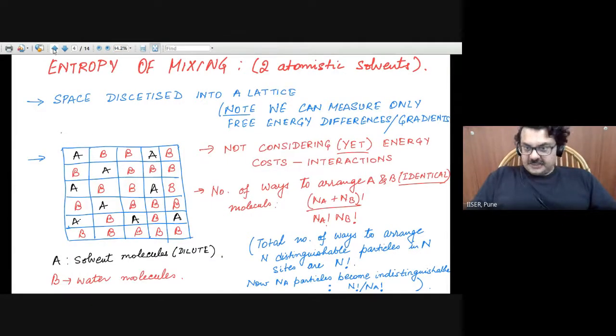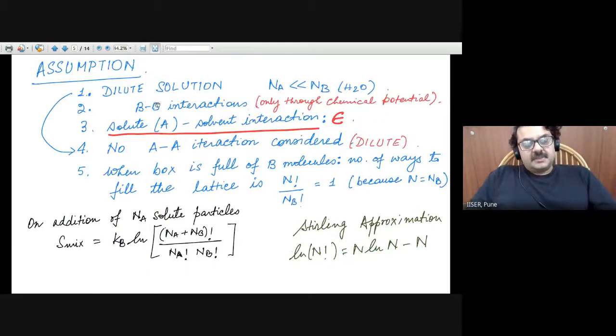In this expression, we don't have any assumption of dilute solution, but later we are going to invoke a dilute solution in a later part of the class.